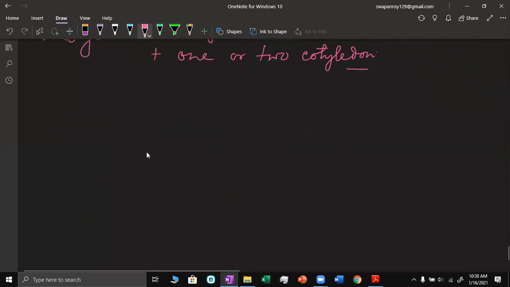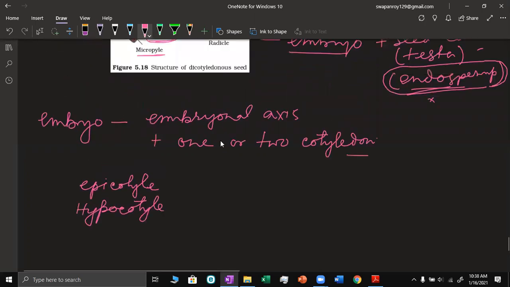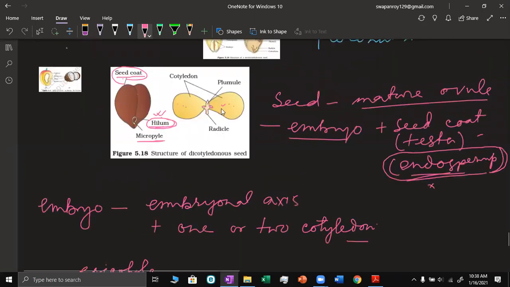So there is epicotyl and hypocotyl. Then at the end of the epicotyl, there is a structure that we call the plumule.